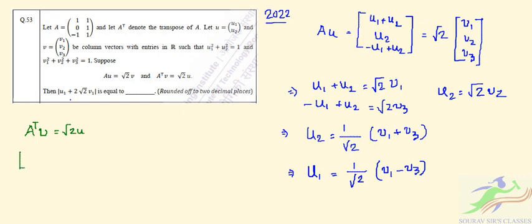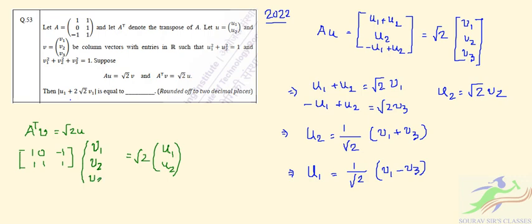So A transpose means 1 0 minus 1, 1 1 1, right? And is given by U. U means it is V actually. So V1, V2, V3 is root 2 of U1. Okay. So we can write it as V1, V2, V3.